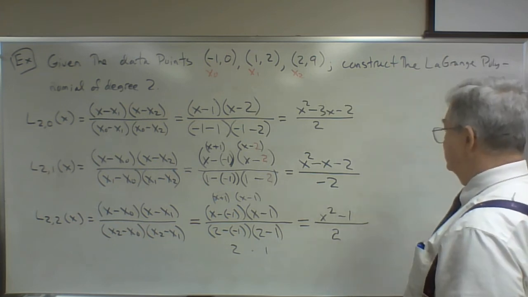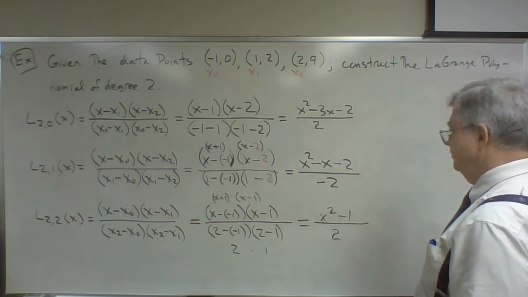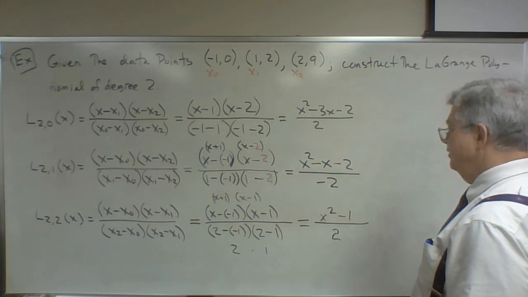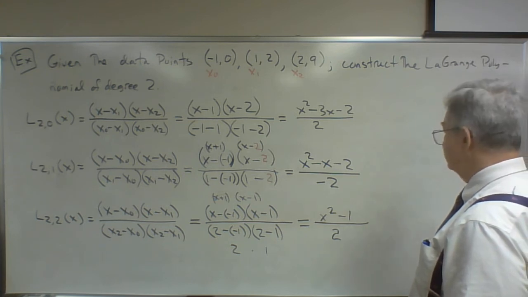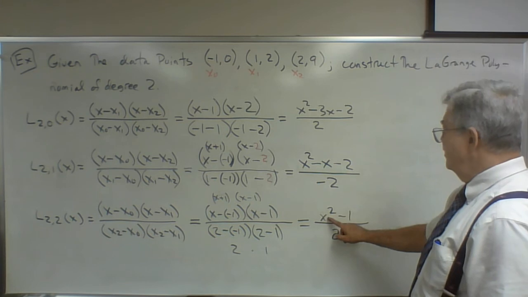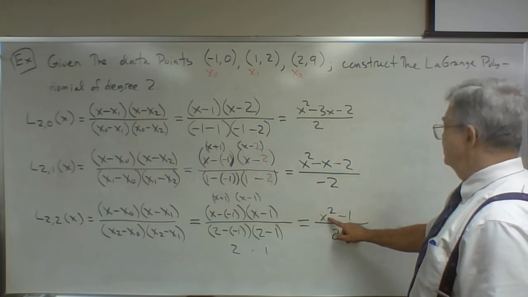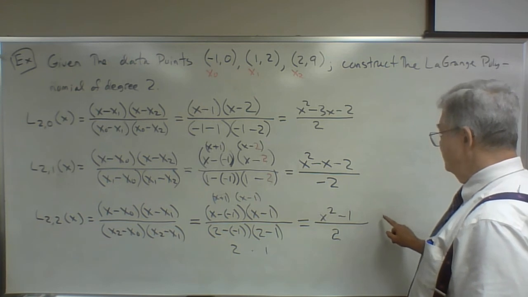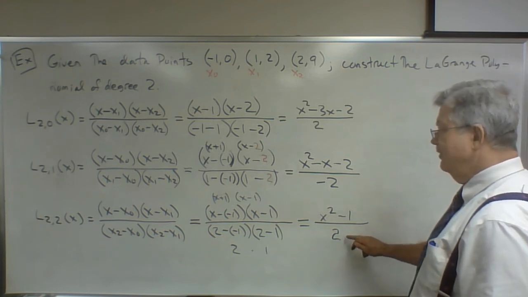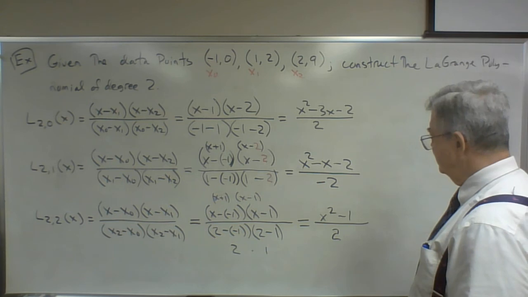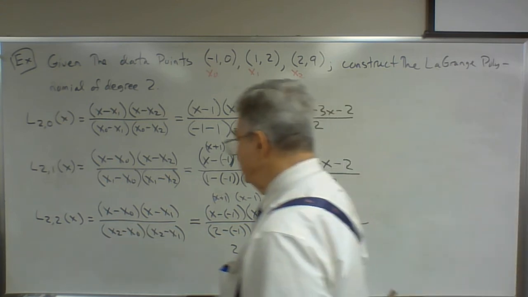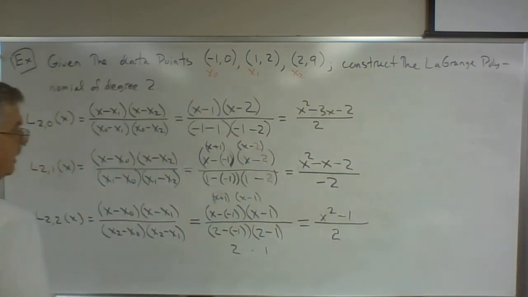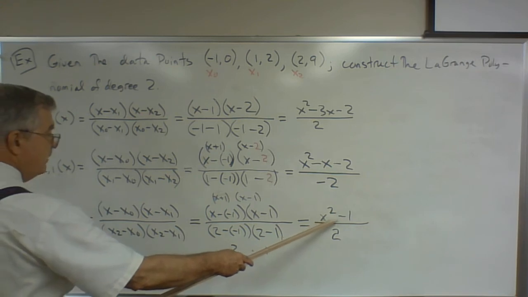So let's see. Oops, I don't like this. I don't like this at all. 2 squared minus 1 is 3 over 2. Yuck. Okay, I don't like that. The top looks fine, I think.